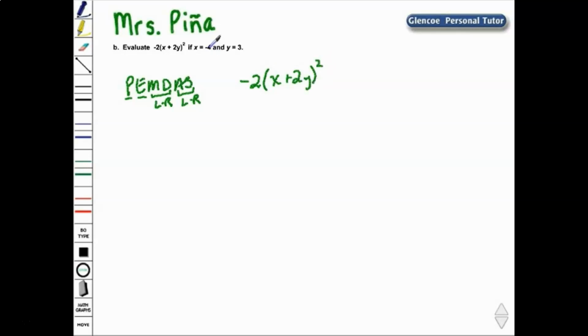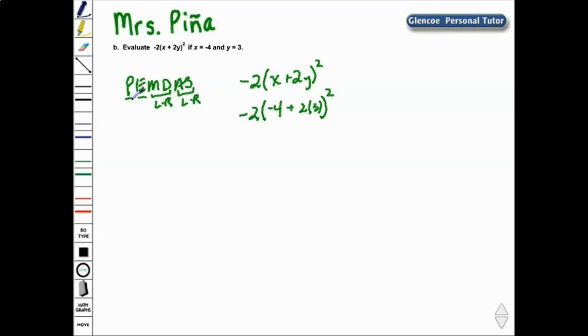In place of x, we're going to be putting -4, and in place of y, we're going to be putting 3. First step in simplification is to simply substitute your values where they belong. 2 times 3, and I'll put 3 in parentheses, close this parentheses, and squared.